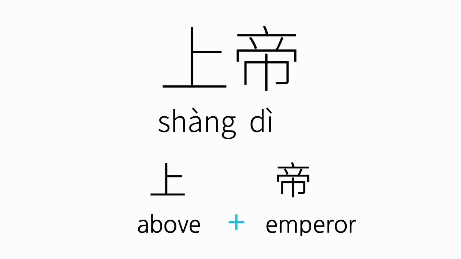It is composed of two Chinese characters. On the left, you have above, and on the right, you have emperor. So let me explain what you're looking at. On the left, you have a character that represents a concept.